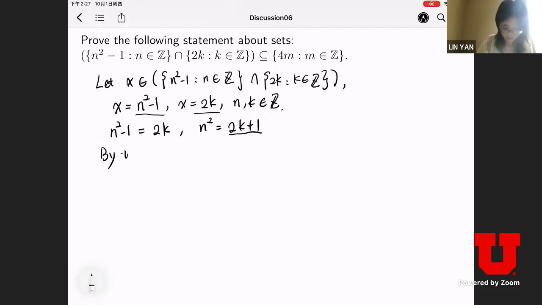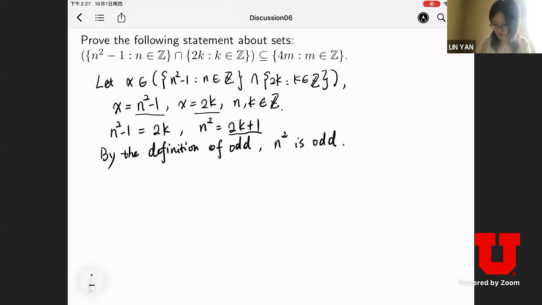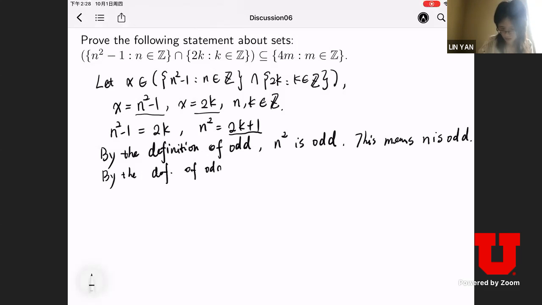So by the definition of odd, n squared is odd. And because n squared is odd, this means n is odd. Then still, by the definition of odd, there exists a p such that n is equal to 2p plus 1, where p is an integer.